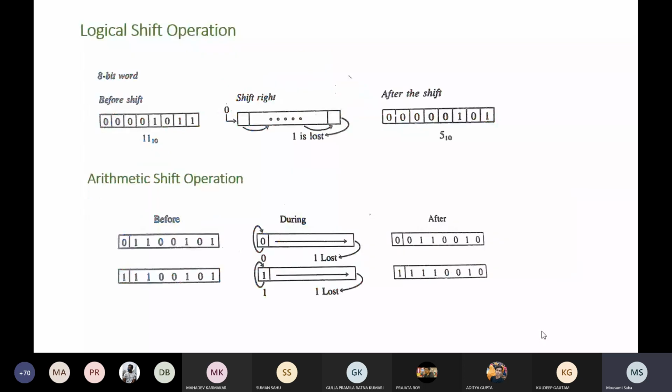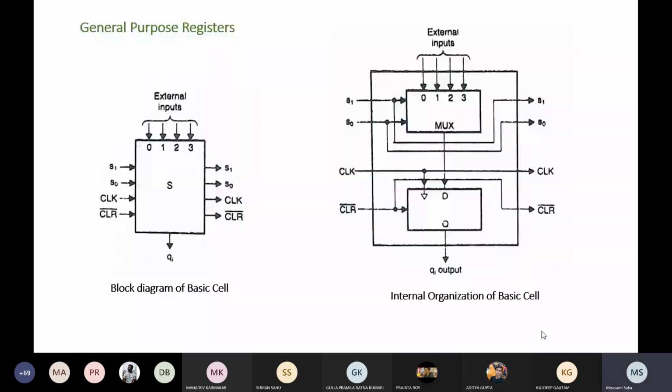Arithmetic shift operations: see this number, 0, 1, 1, 0, 0, 1, 0, 1. After right shift, 0 will be the MSB again. Okay, and for the 1, it is 1. Now, how to design that? The design is also different; you can design it according to your requirement, or whatever you desire.